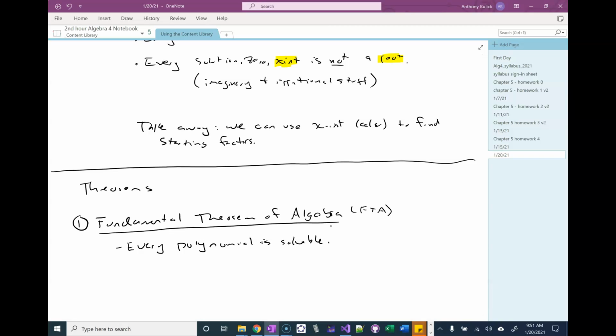Now this is an important result in mathematics. This was something that was kind of the central question, or the most important question in mathematics for a long time, and really the best mathematicians of their era took a crack at this. The man that finally proved this, his name is Carl Gauss, and he did that in like the 1700s.